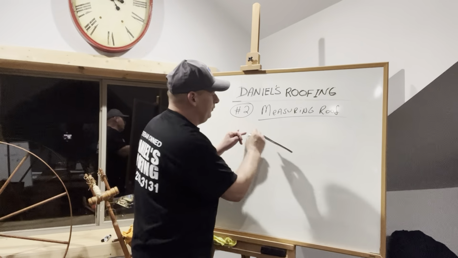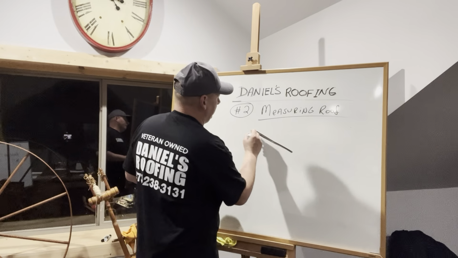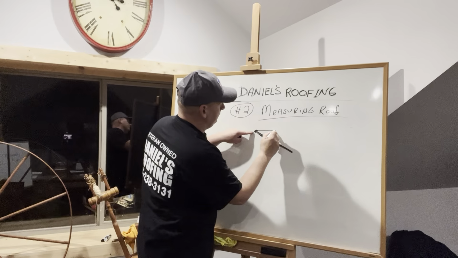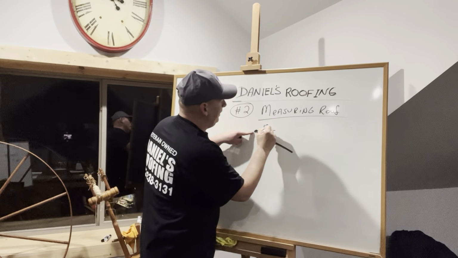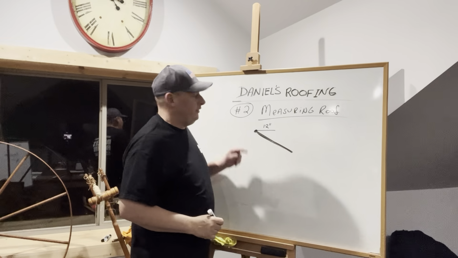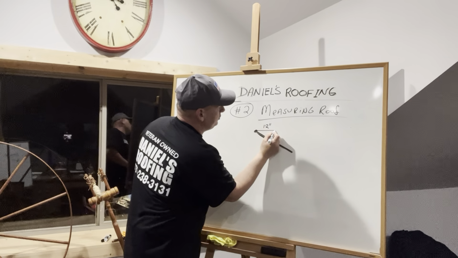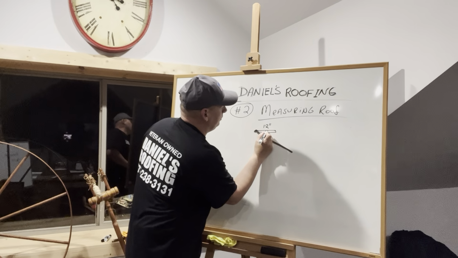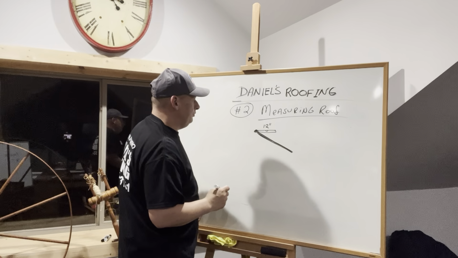If you have a roof and you start at a point right here, and you go this way 12 inches, and you pretend you got a level, we'll draw a level here with a little bubble. I hope you can see that pretty good.